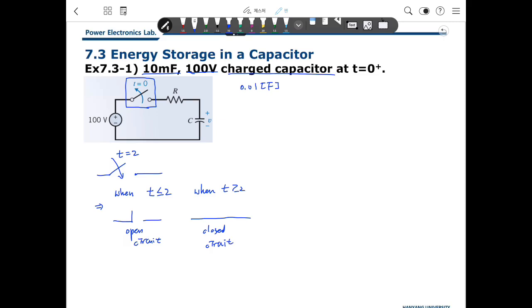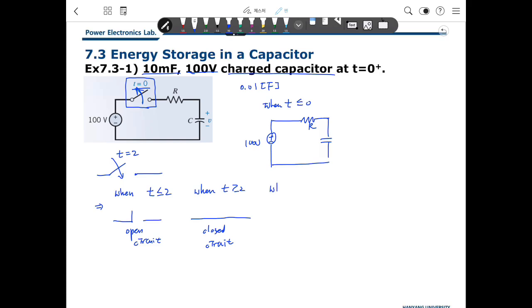So what is the meaning here? Because T is 0, this is open. That means when T is smaller than 0, this circuit looks like 100 volts, closed, with R and the capacitor.